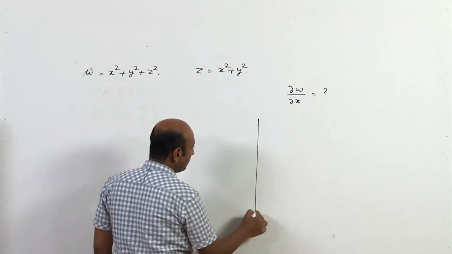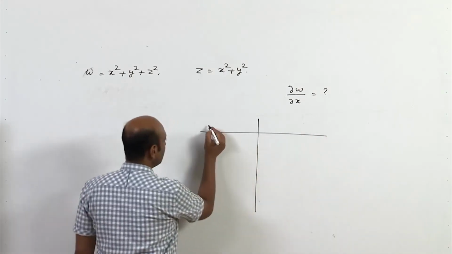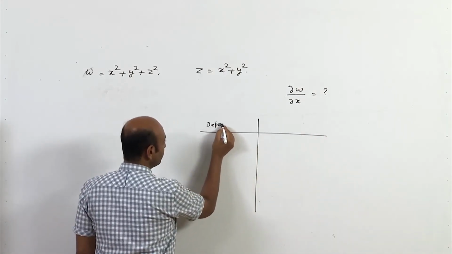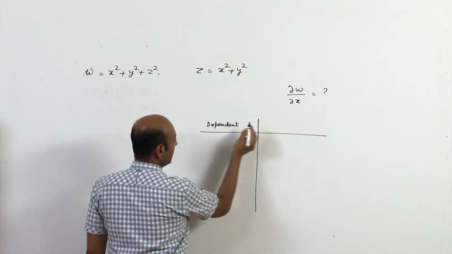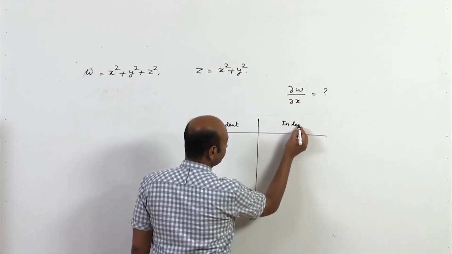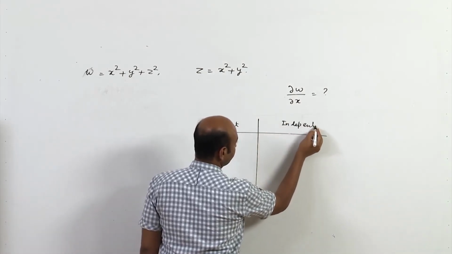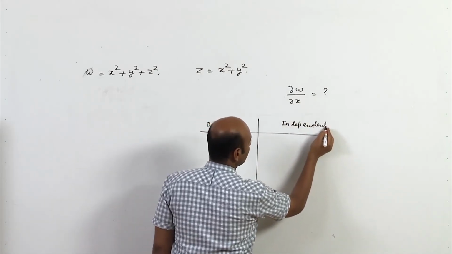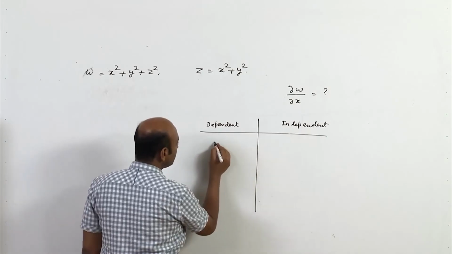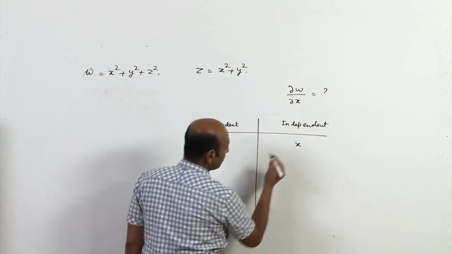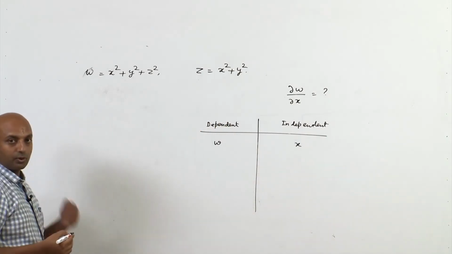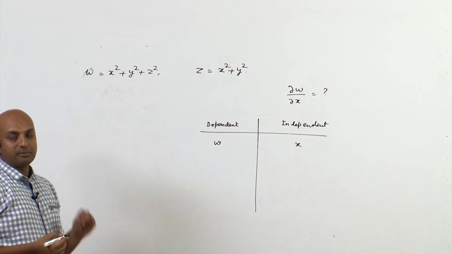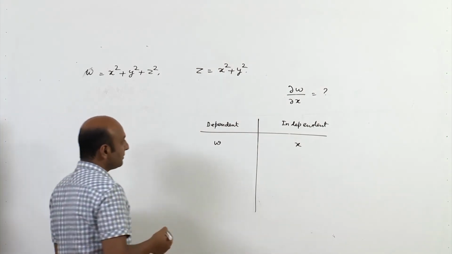So, if you make this chart, for example, dependent variables and independent variables, from here w is dependent and x is independent, it is clear. Okay. Now, we have two possibilities.